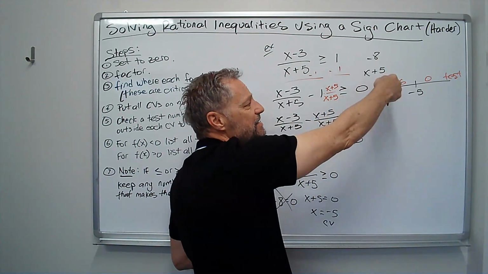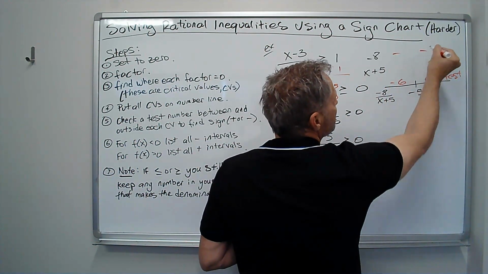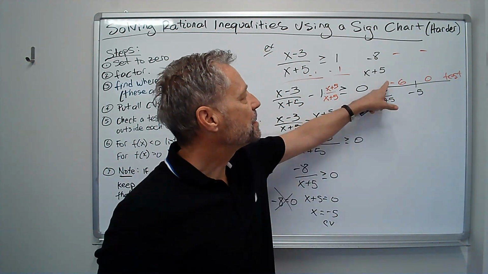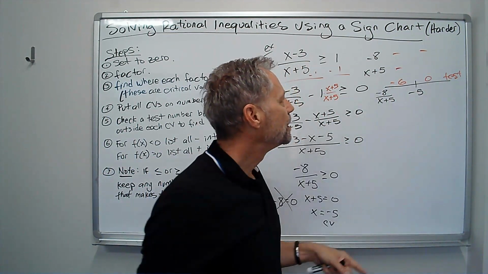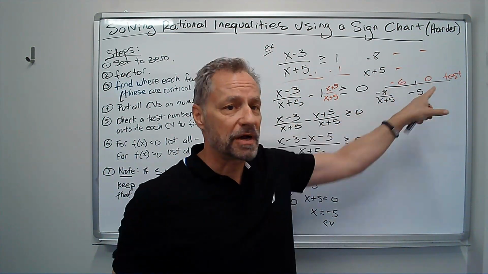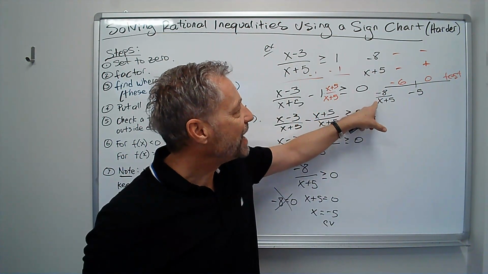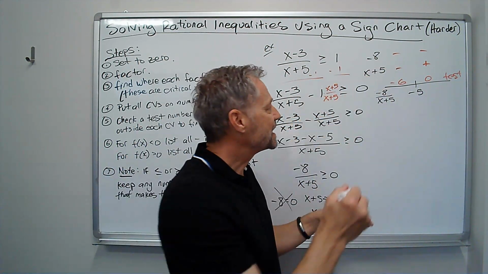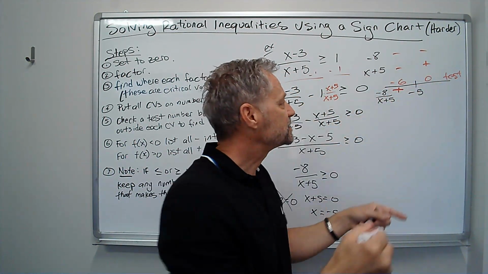Negative 8, no matter what number I have here, is always negative. But if I plug in negative 6 here, negative 6 plus 5 is negative 1. And 0 plus 5 is positive 5. Again, I just need the signs. When I divide these, I get a negative divided by a negative, which is a positive, and a negative divided by a positive, which is a negative.